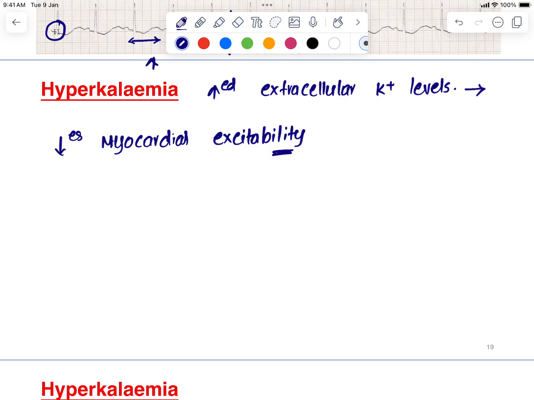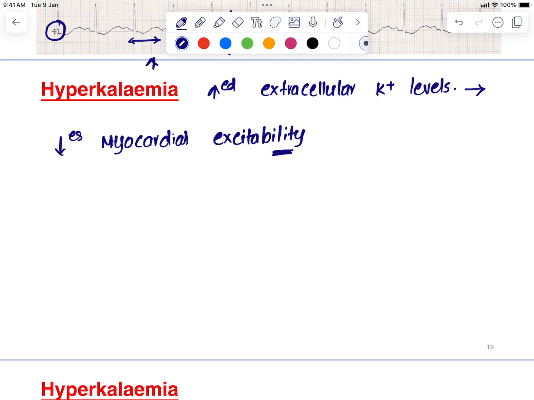Once there is reduction in the myocardial excitability, that will result in reduction in the pacemaker activity of your myocardial cell, and that will also cause reduction in the conduction within the cardiac muscle.